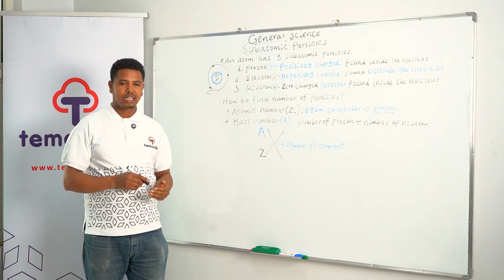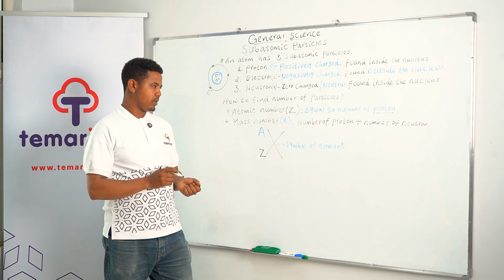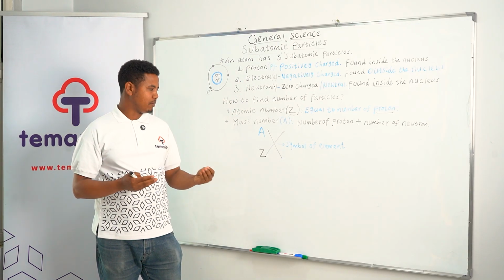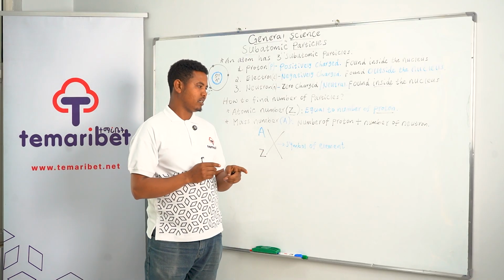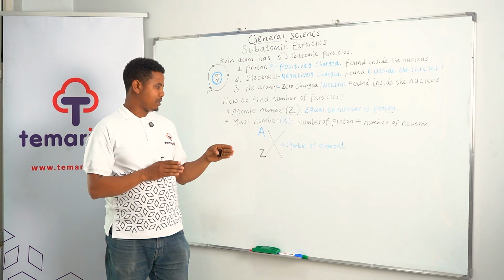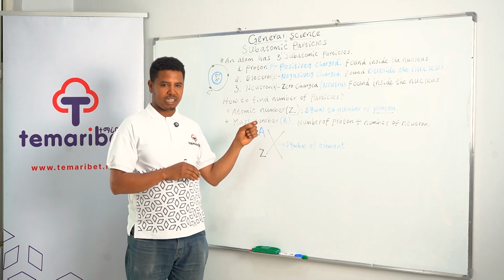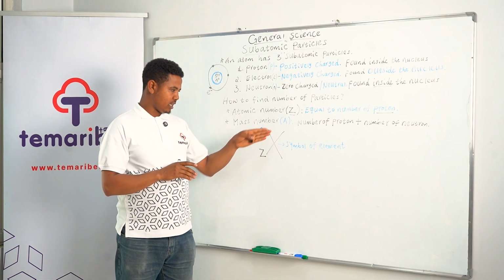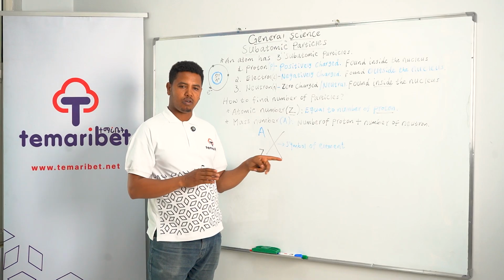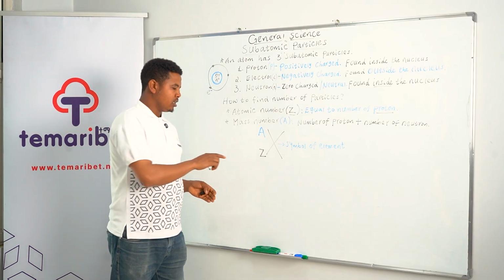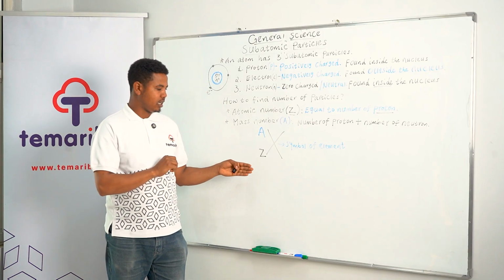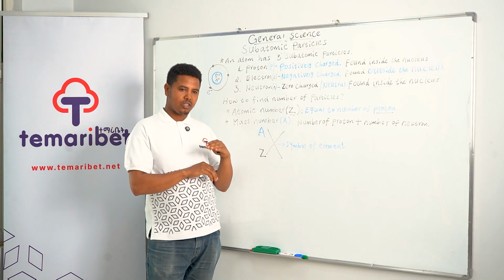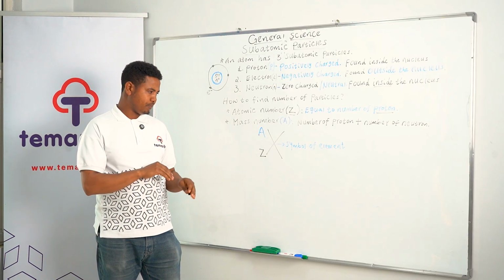The first one is atomic number, which is symbolized by Z, and the other one is mass number, which is symbolized by A. When we put them with the symbol, it looks like this. X stands for the symbol of any element, and Z is written at the bottom behind the symbol, and A is written at the top behind the symbol.